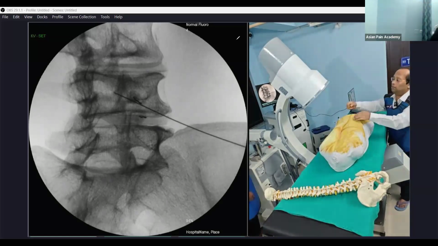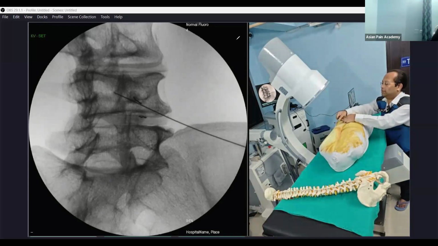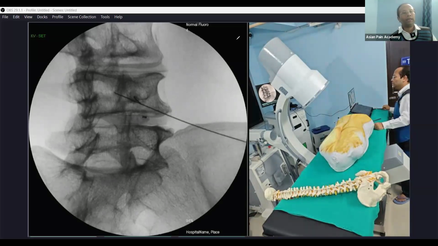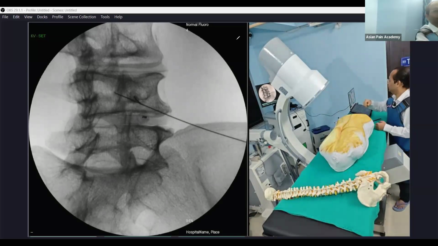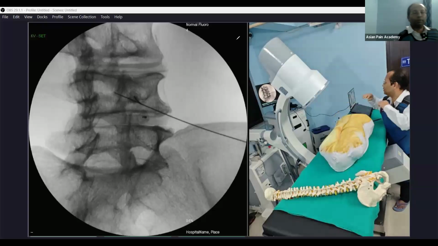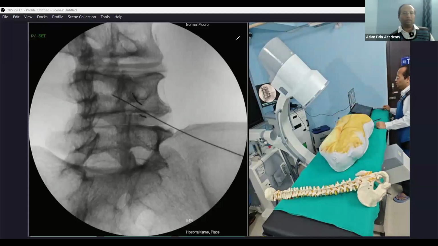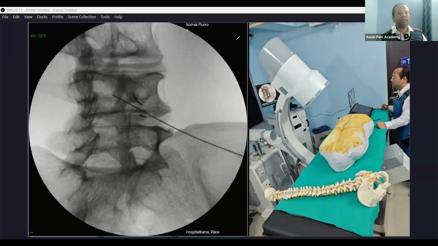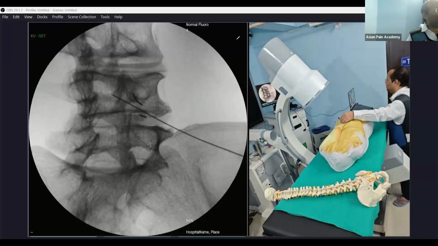So the lower one, the Kambin's triangle approach, is nearly a tunnel view approach. Just a minute, this needle has changed its position. Okay, so the nerve root is going in this way, and both these needles are placed up to a depth.